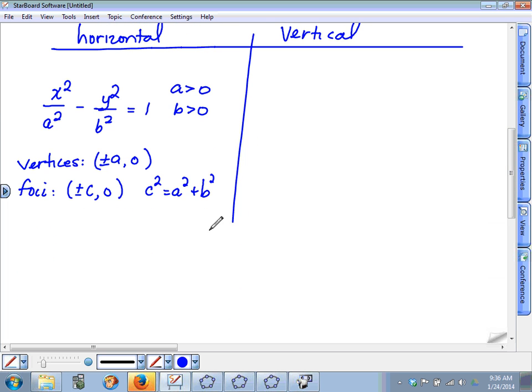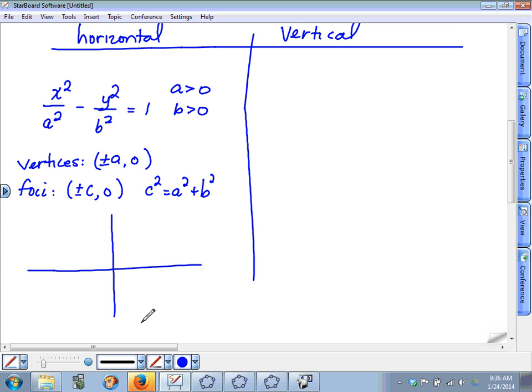Okay? So let's just do a quick sketch of a horizontal hyperbola. The vertices are plus or minus a comma 0. So let's go over here, and we'll call that positive a, we'll come over here and call that negative a. Okay.